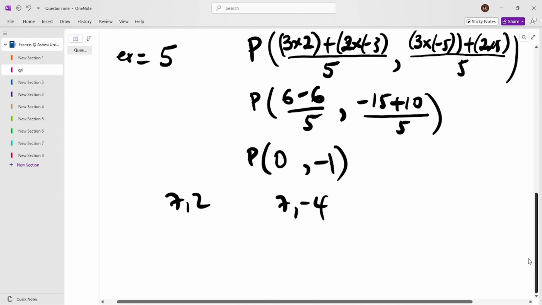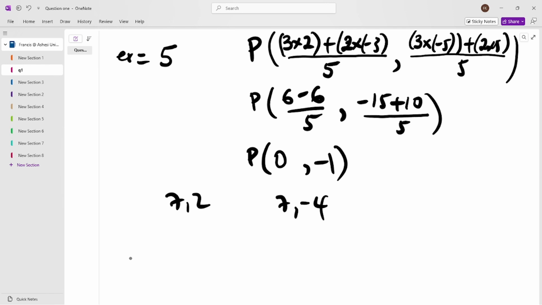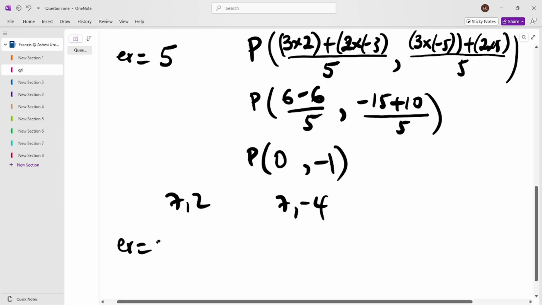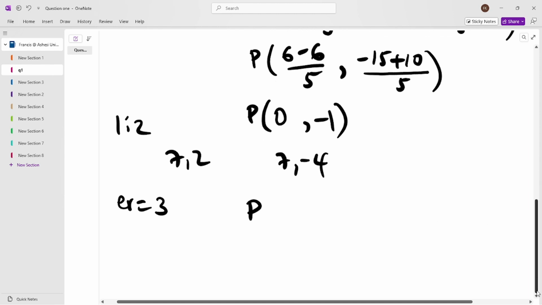Okay, sir, we are finding for the ratio. So the ratio is 1:2. So P is what? Sorry, P is 7 plus 2 times 7.